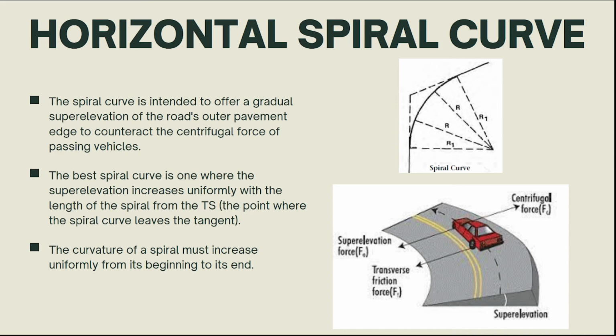The best spiral curve is one in which the superelevation increases uniformly with the length of the spiral from the TS, or the point where the spiral curve leaves the tangent. The curvature of a spiral must increase uniformly from its beginning to its end. At the beginning, where it leaves the tangent, its curvature is 0. At the end, where it joins the circular curve, it has the same degree of curvature as the circular curve it intercepts.